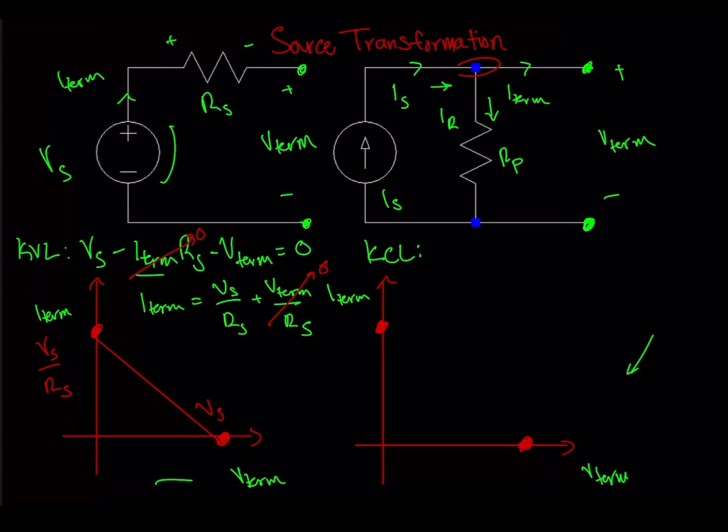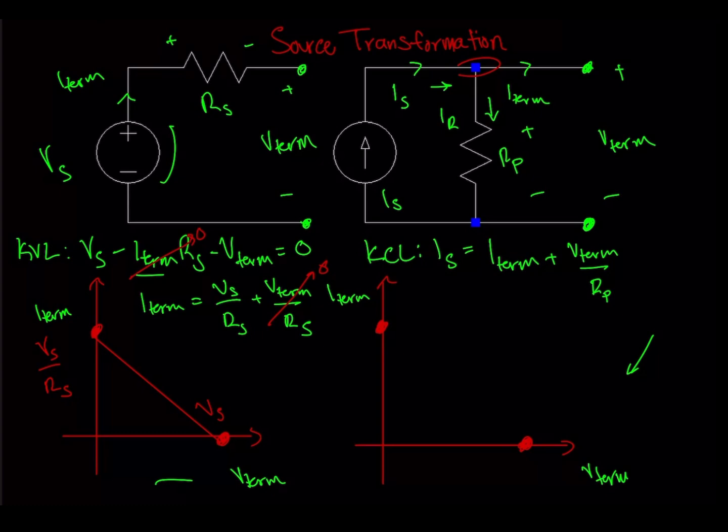So that means Is is equal to I terminal plus IR, although we're going to substitute IR here for V terminal divided by Rp. You can see that here. This is just Ohm's law. We can see the voltage across this resistor is just the terminal voltage here. And that will allow us to obtain our intercepts for our curve.